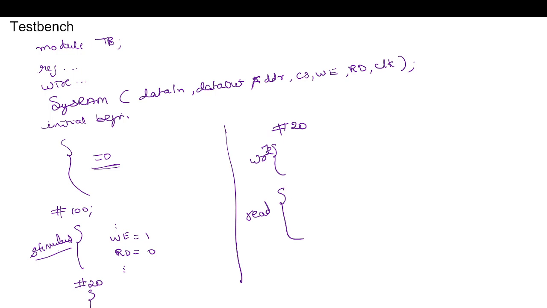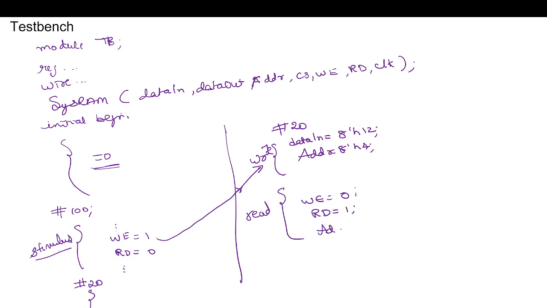So we are already in this write portion. So we can write data in is equal to 8'h12 at the address 8'h4. Next I can read from this. So WE is equal to 0, RD is equal to 1.